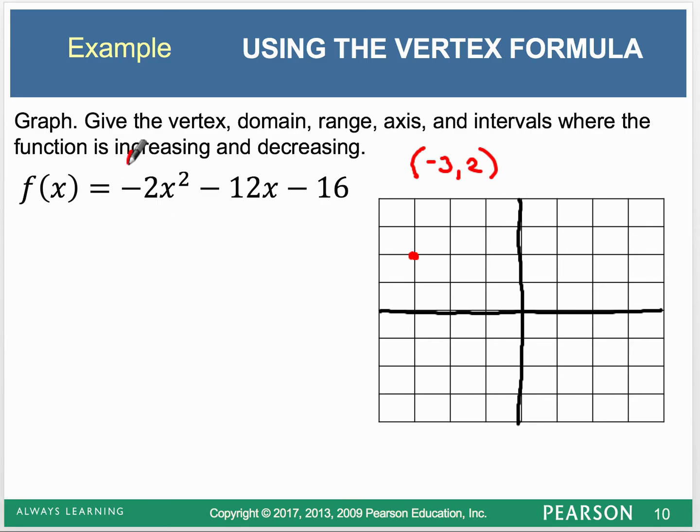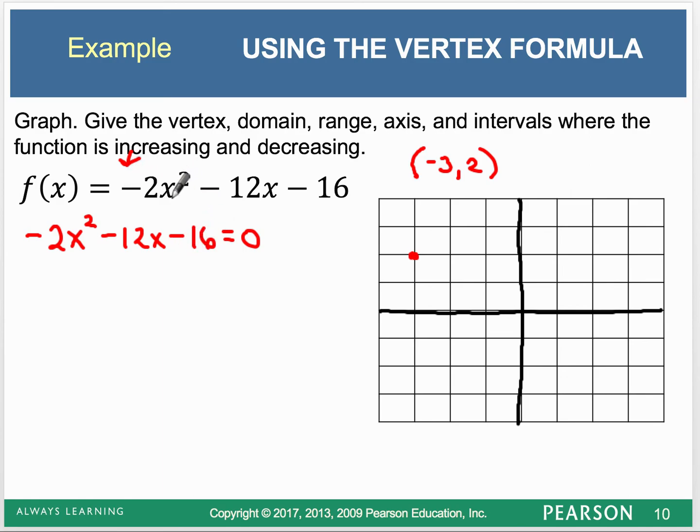And it opens down, so there are x-intercepts. So I need this negative 2x squared minus 12x minus 16 set equal to 0. Okay, and now let's divide everything by negative 2.